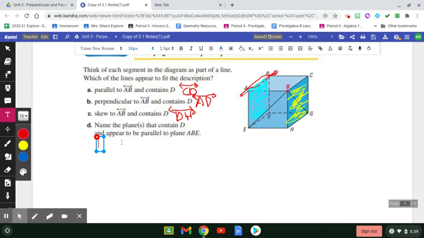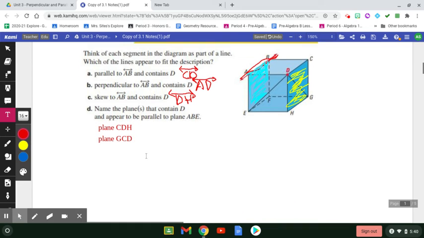Well, I can name this plane CDH as one possibility because you just need 3 letters. You could also name it plane GCD, okay? So just to give you two possible examples, just pick one of them, but you have to have 3 points for it to be considered a plane.